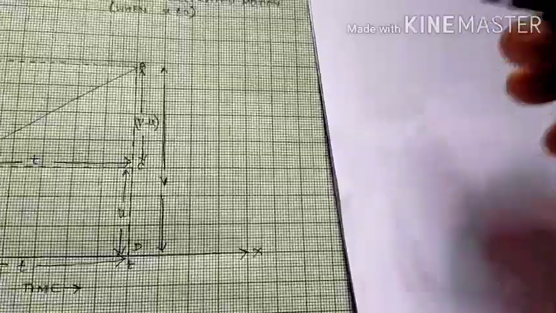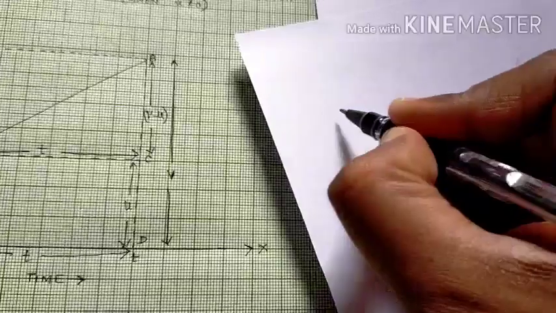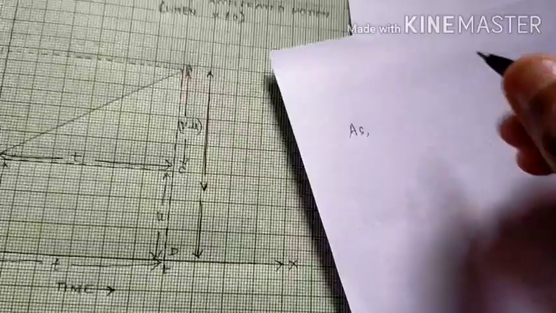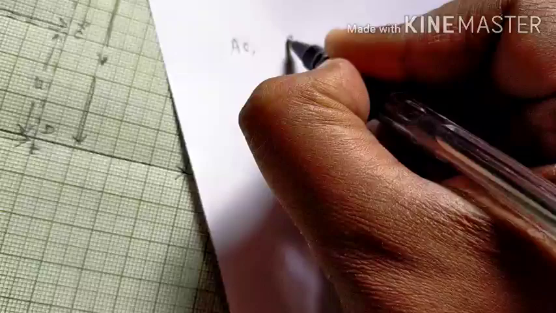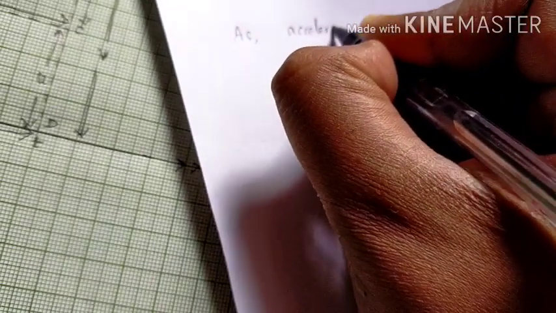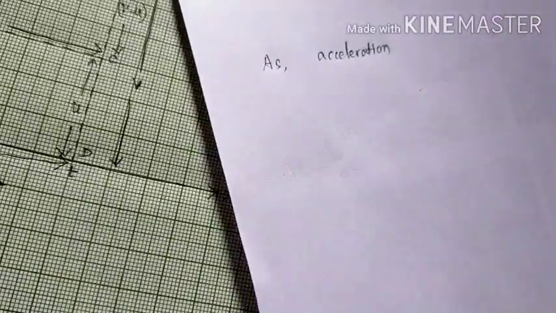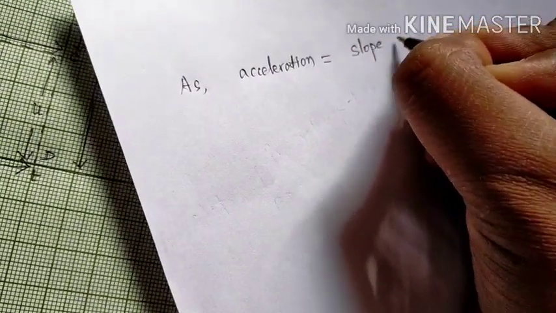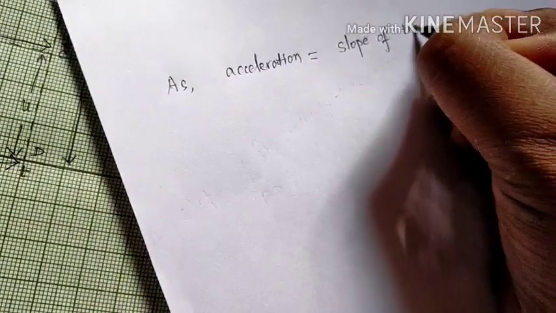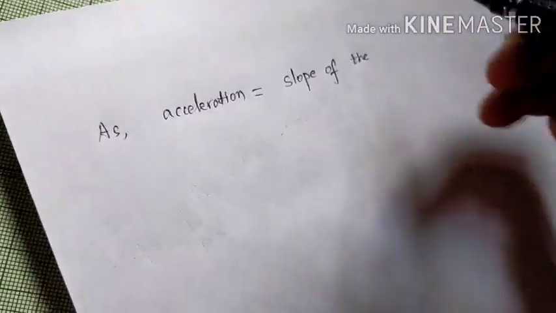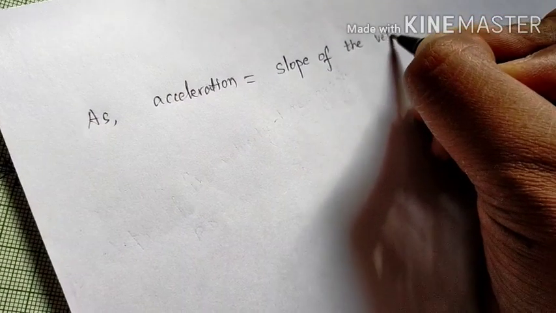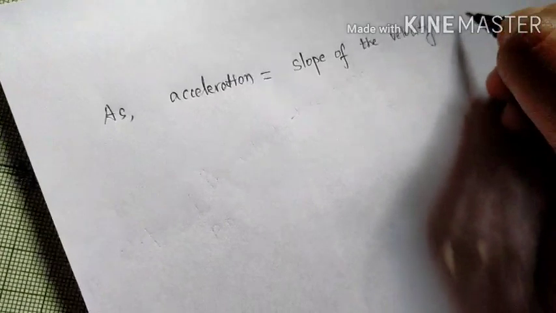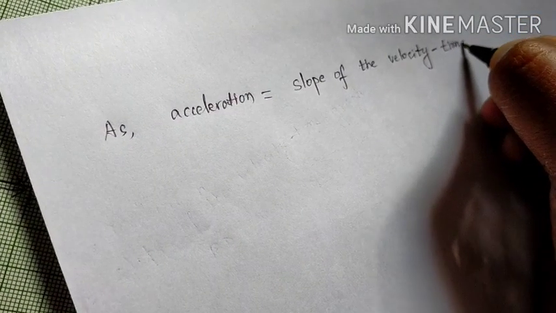So using the graph, we know that acceleration is equal to slope of the velocity time graph. Slope of the velocity versus time graph.